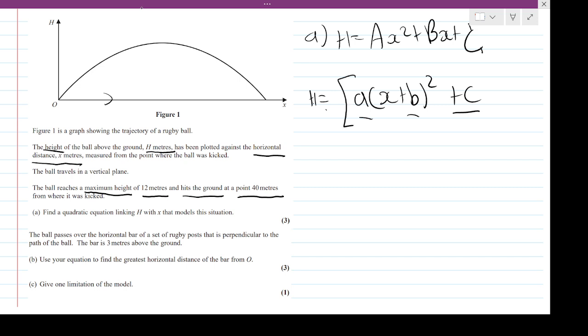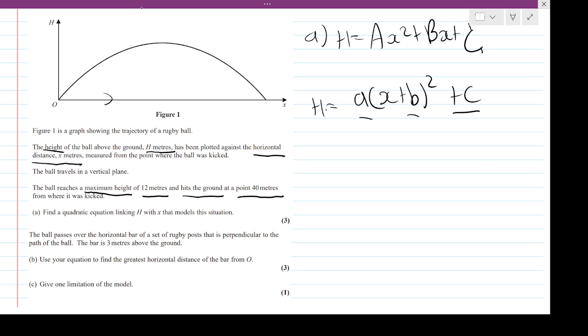Anyway, I'm going to use this form particularly because it's talking about maximum height. Later on in the course, with differentiation, you could alternatively differentiate this and you'd be fine there. But at this part of the course, we can recognise maximum height is going to have to deal with completing the square.